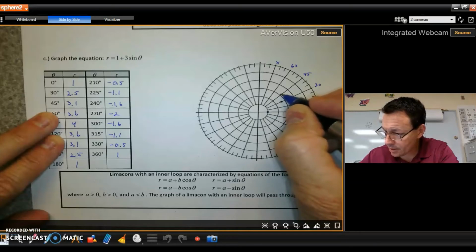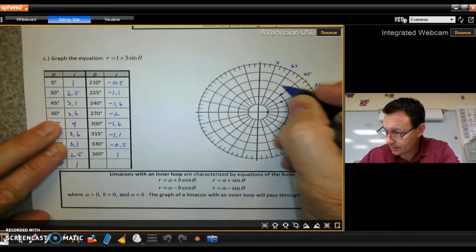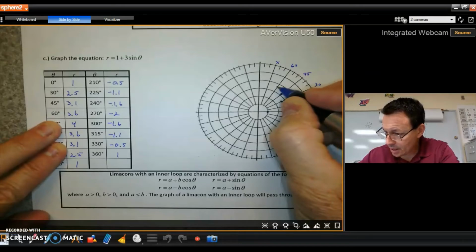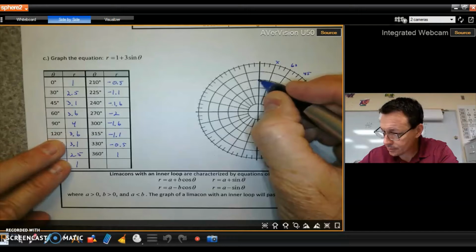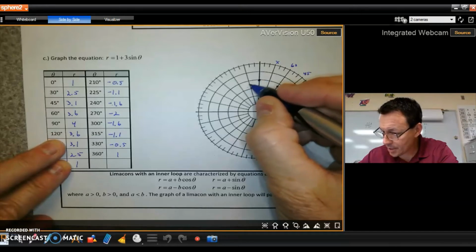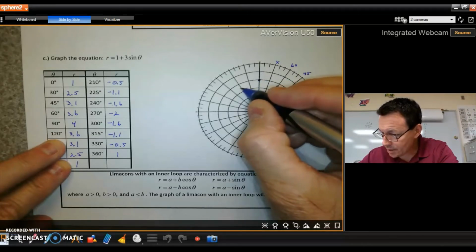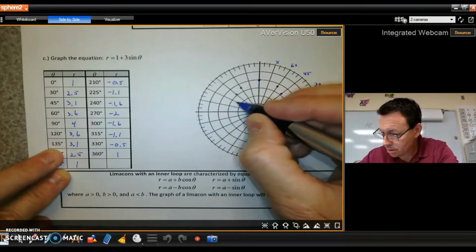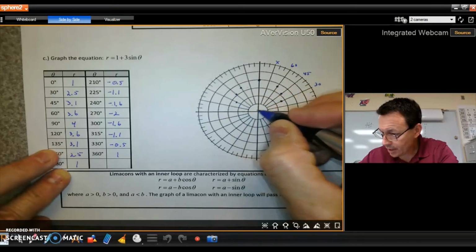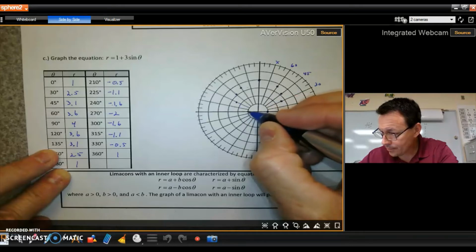So just past 3. Then 3.6. And then I'm up to 4. And then I'm back, so I'm going to skip this line. I'm back to 3.6, back to 3.1, back to 2.5, and then back to 1.